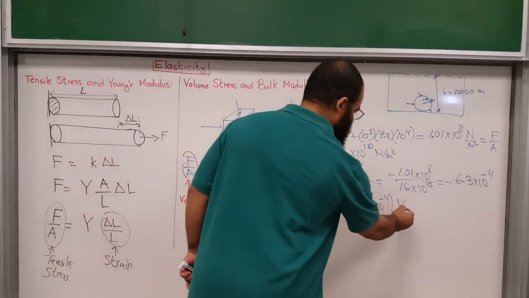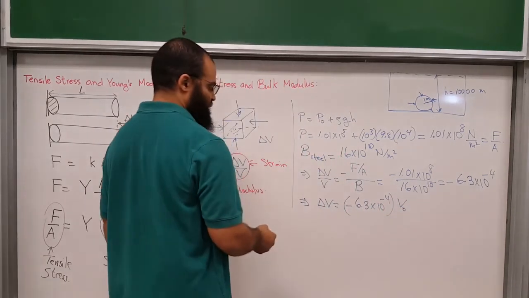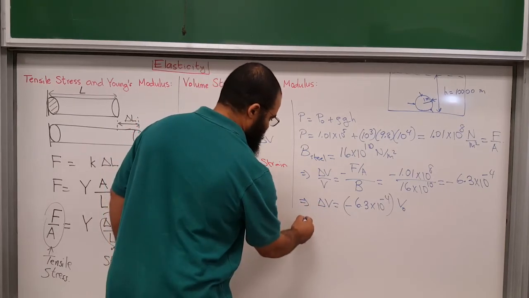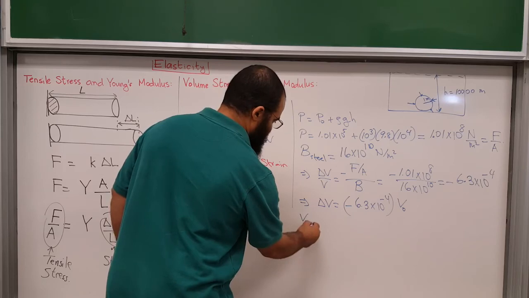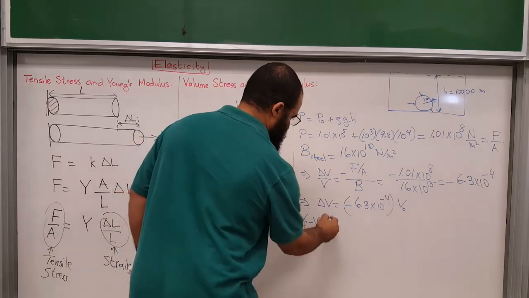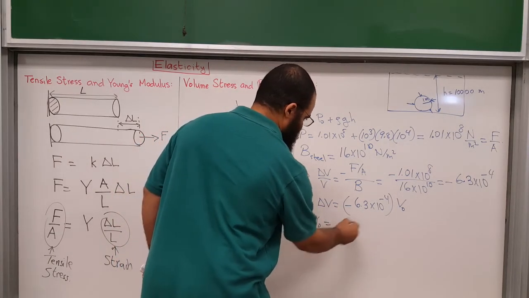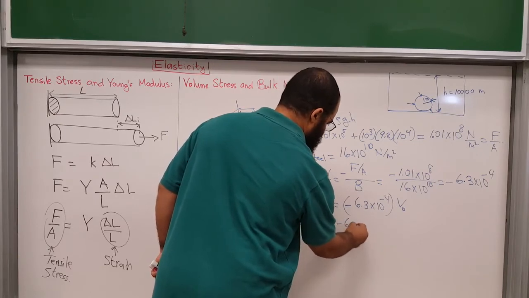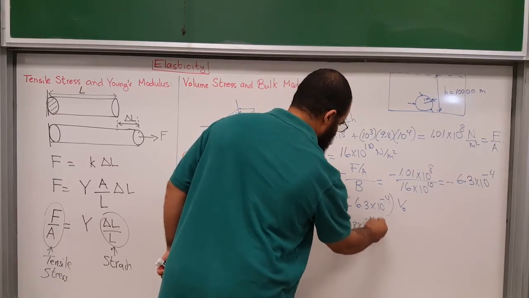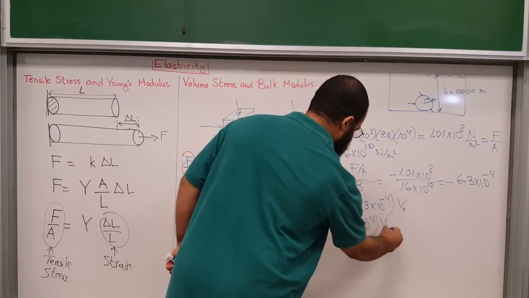So delta V equals this number here, negative 6.3 times 10 to the minus 4 times the initial volume.